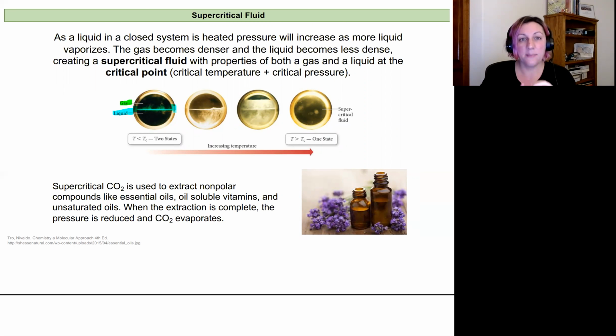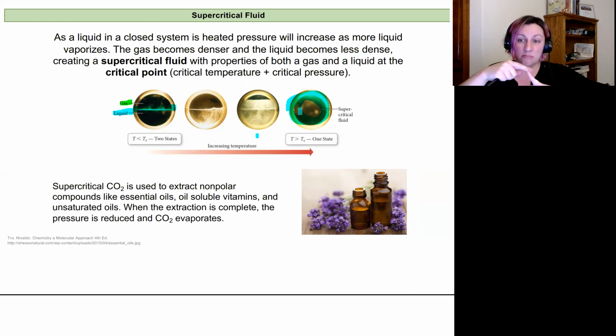And then as we increase temperature, the pressure increases with that since it's a closed system. And then we get something where you can't see two different states anymore. And that's our supercritical fluid. It's just one physical state. It's our fourth physical state: solid, liquid, gas, and supercritical fluid.